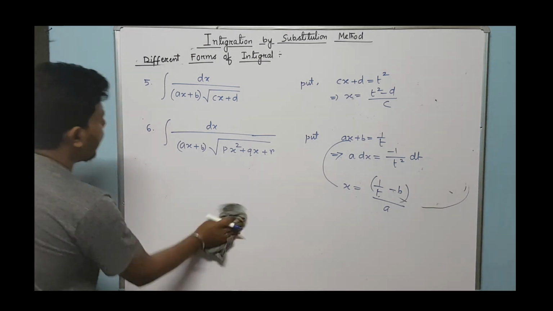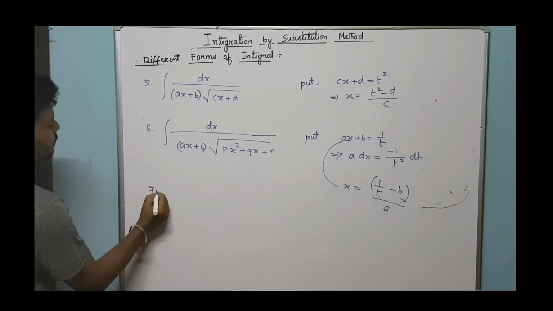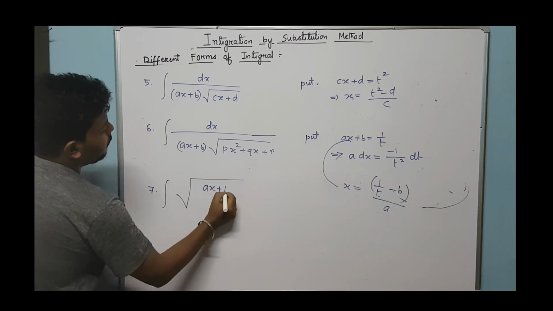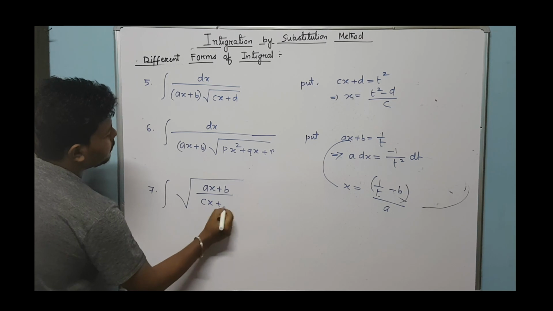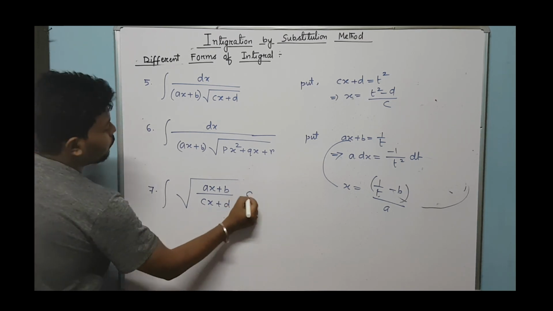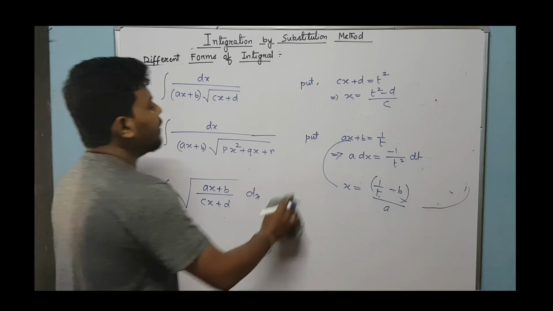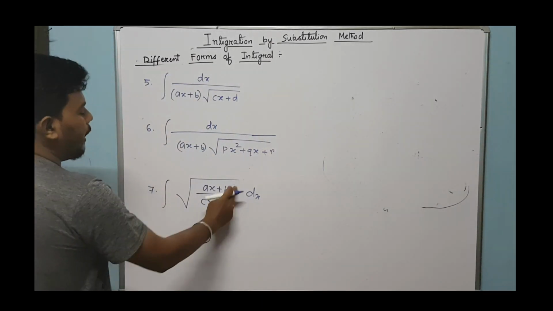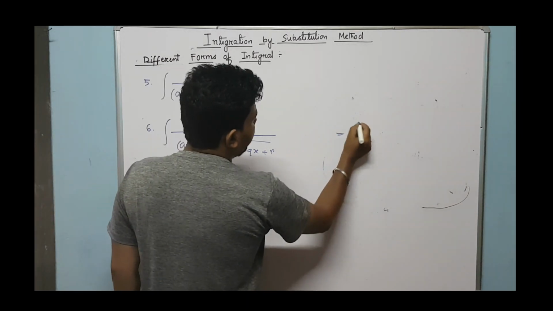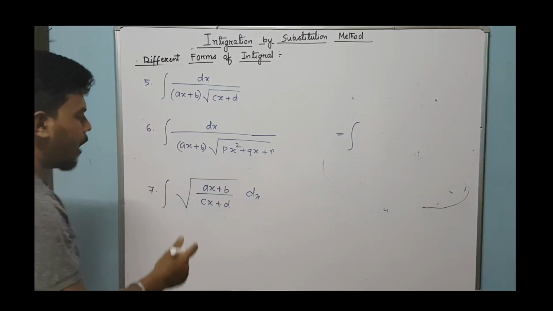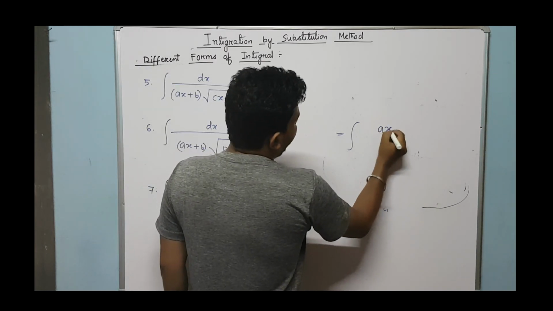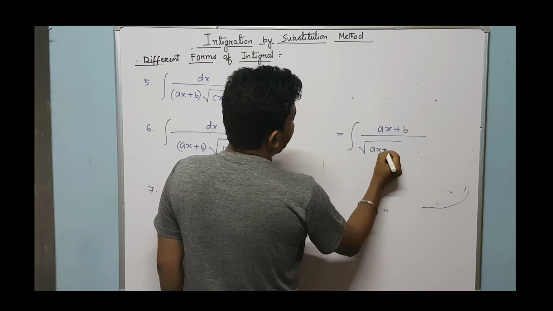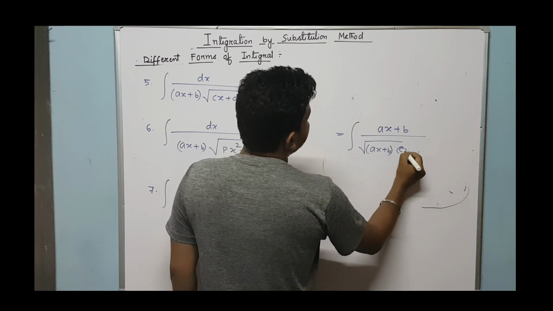And number 7 form is square root of ax plus b by cx plus d. In this kind of form, we multiply the numerator and denominator by square root of ax plus b. It becomes ax plus b into square root of ax plus b into cx plus d.